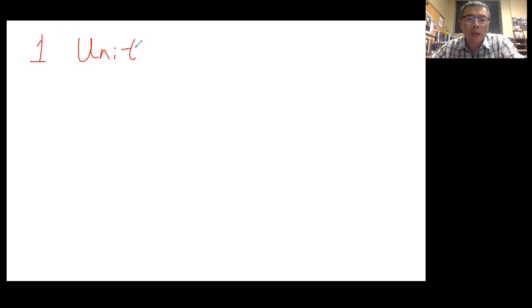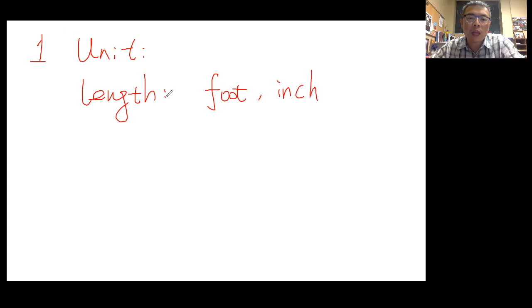As I explained, for example, in the case of length, in the US we use feet and inches, et cetera. As we understand, we definitely need units in order for a number to make sense in the real world. We can talk about all kinds of quantities here, like time.